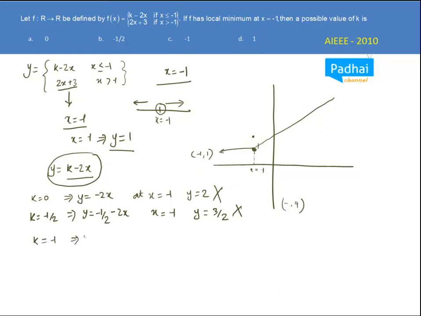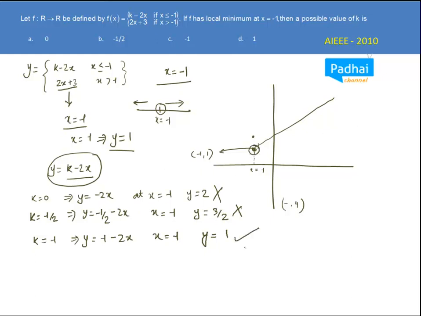So now let us take the third option, which says k equal to minus 1. Here the function will become y equal to minus 1 minus 2x, and if I put x equal to minus 1, the value of y will come out to be 1. If y is coming out to be 1, that means it is this point, so this is a possible case.